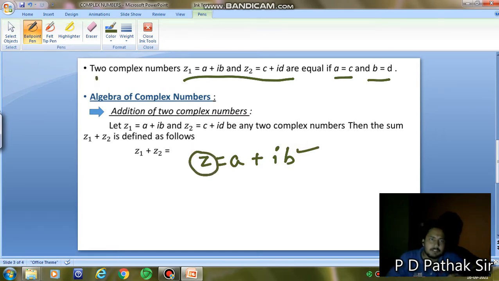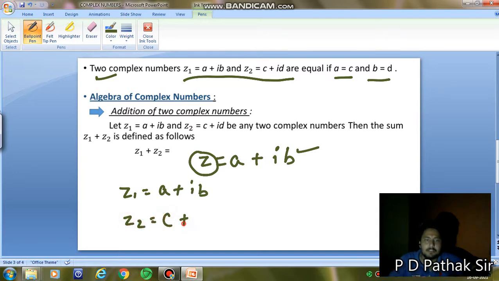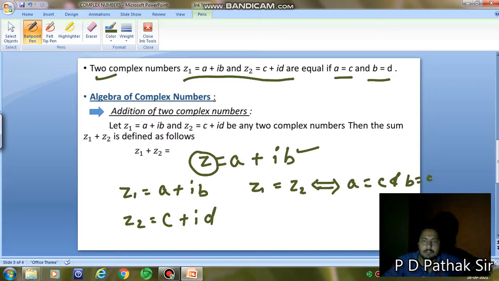If you take two complex numbers, z1 equals a plus iota b and z2, the second complex number, equals c plus iota d, then z1 equals z2 if and only if a equals c and b equals d, meaning real parts equal real parts and imaginary parts equal imaginary parts.